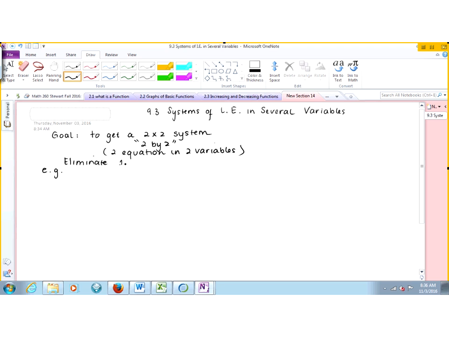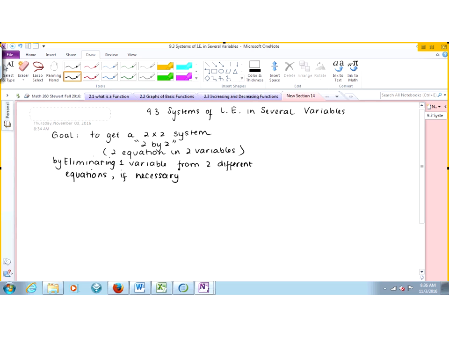Eliminate one variable from 2 different pairs of equations, if necessary.